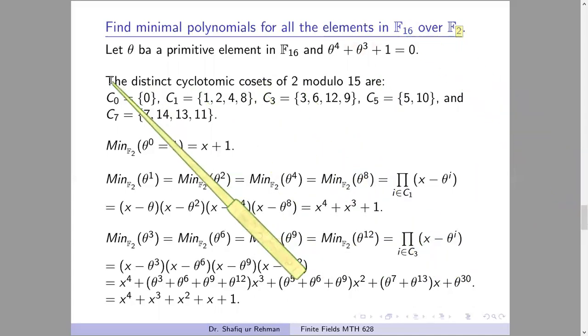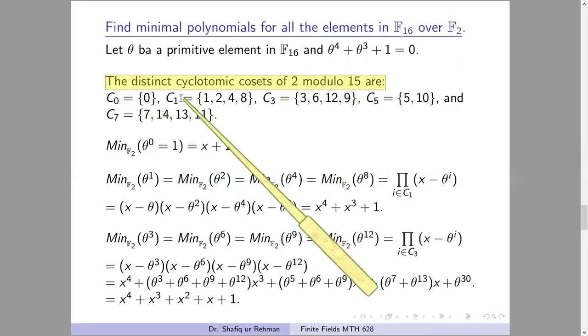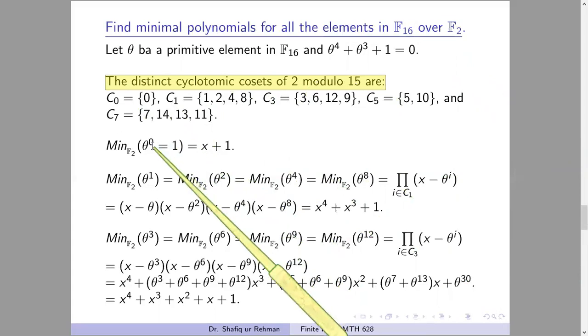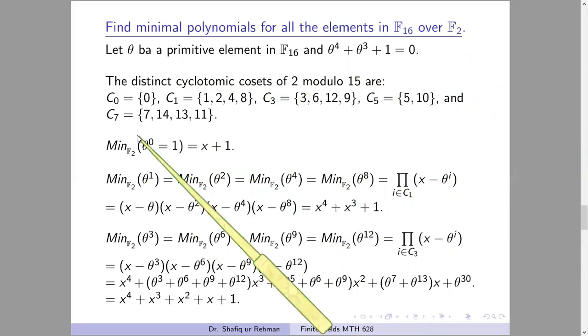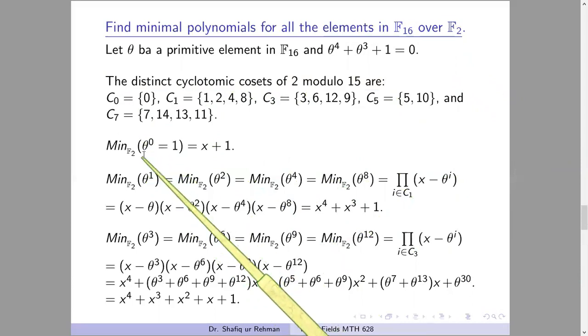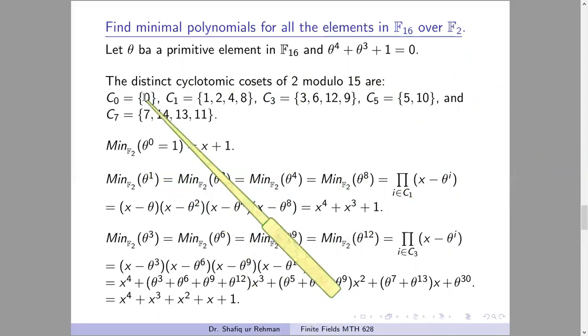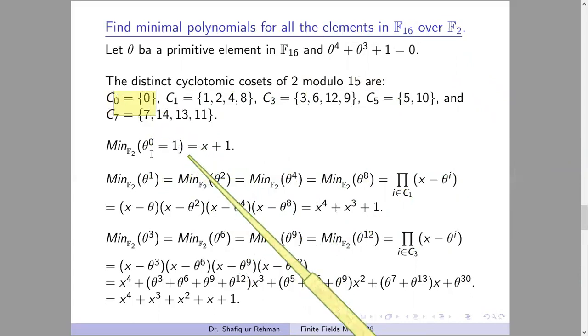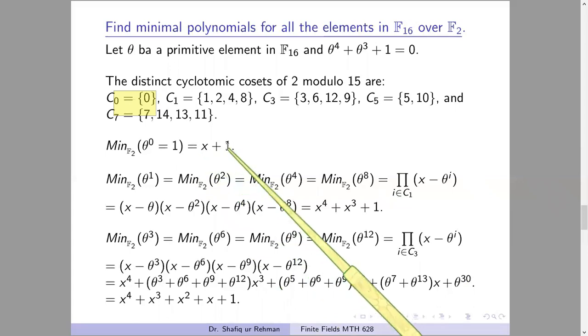So we have to find the distinct cyclotomic cosets of 2 modulo 15 by the same process as in the previous example. And after finding these cyclotomic cosets, first of all we will find the minimal polynomial of theta power 0. That is very trivial because C0 has only one element, therefore this minimal polynomial has only one linear factor. It has degree 1.